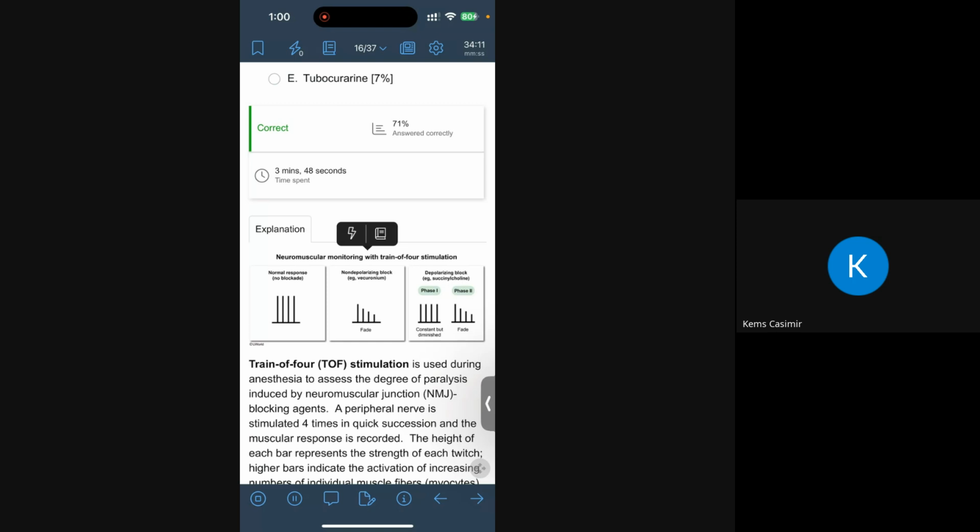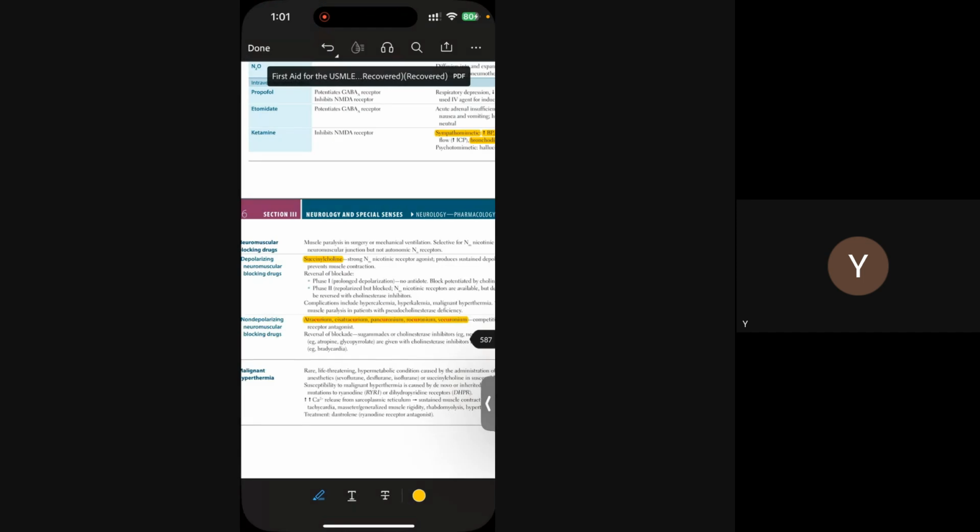In the non-depolarizing one, we are going to see a fading response only. But in the depolarizing blockers, you are going to first see a constant diminished response, and after that you are going to see the same response as the one you have seen in the non-depolarizing one. So why is it constant initially? It is constant initially because it is due to the phase 1 blockade.